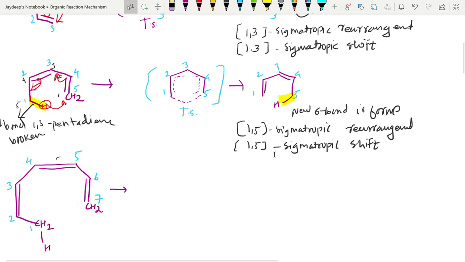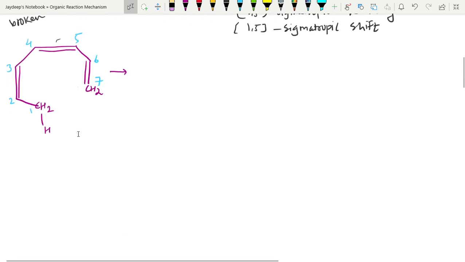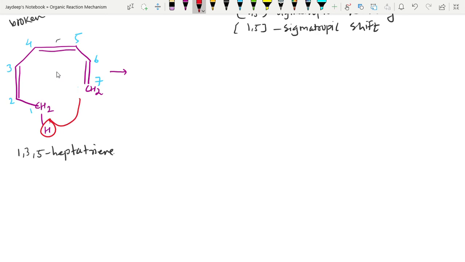Now the last example is 1,3,5-heptatriene. In this case, the hydrogen which is at position 1 migrates to the 7th position, and the bond migrates like that.